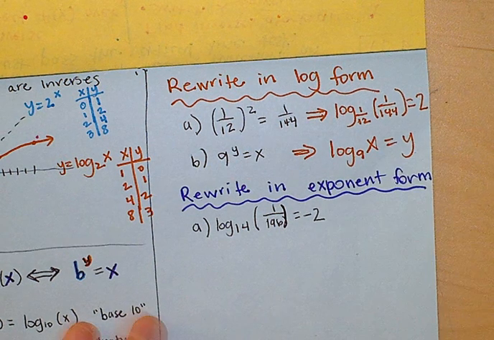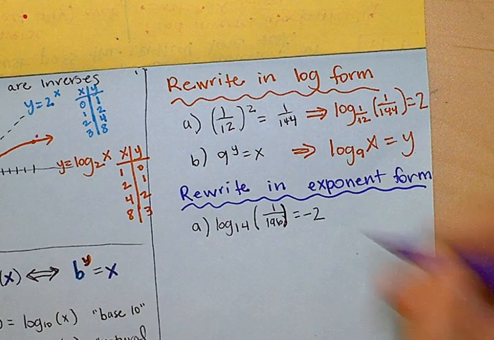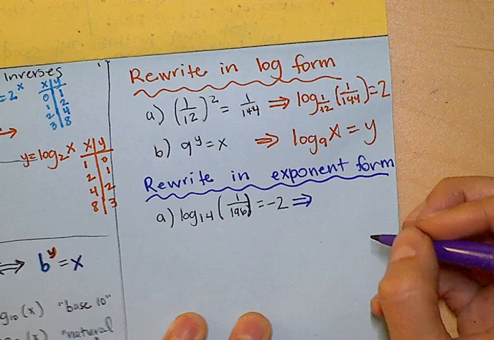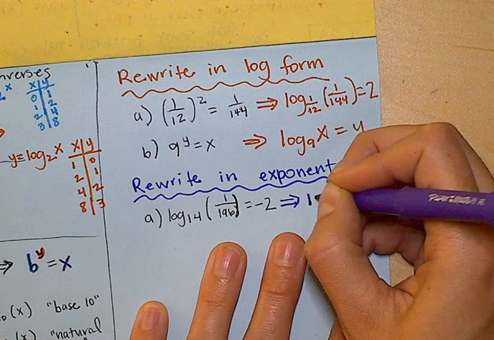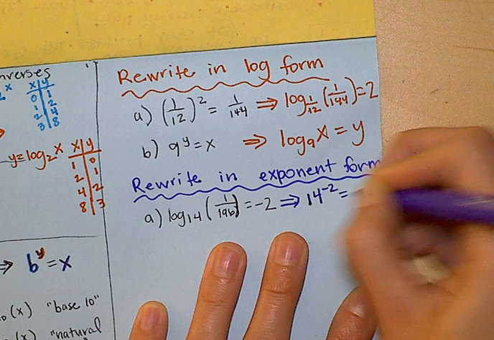The lights just turned on. I can rewrite that. The base stays the same. So 14 to the negative 2 equals 1/196.